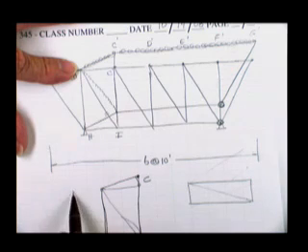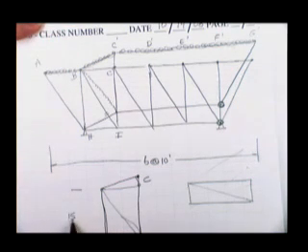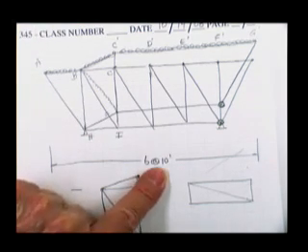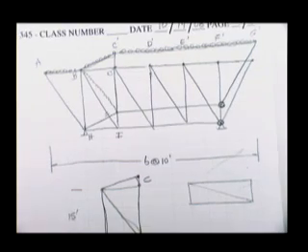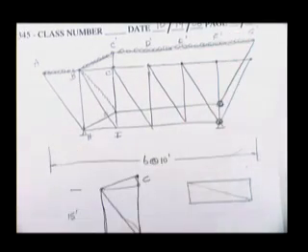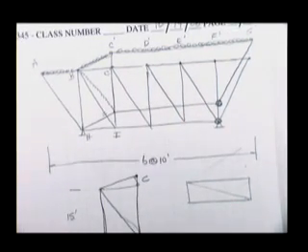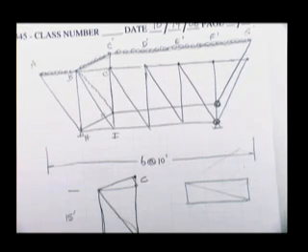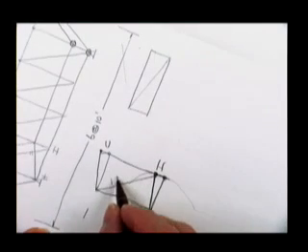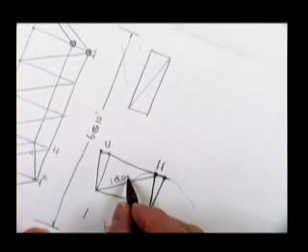If this length right here is 15, and the length of this member was originally the square root of 10 squared plus 15 squared, you got a calculator? 18.03. 18.02, thank you.